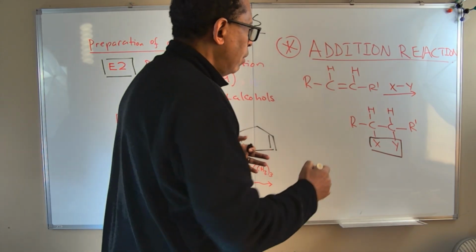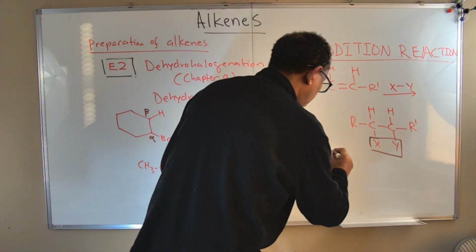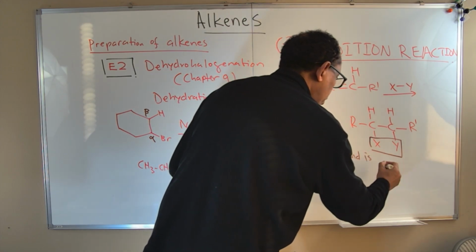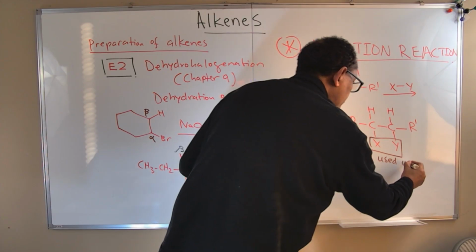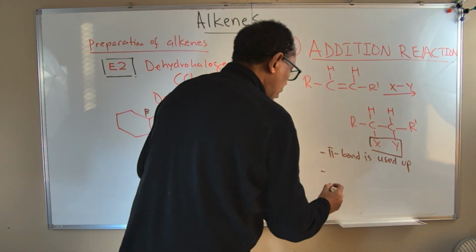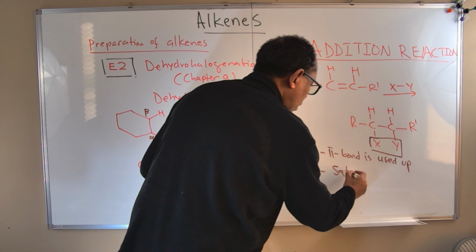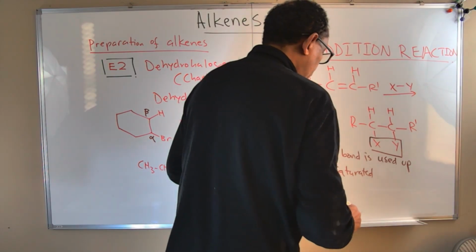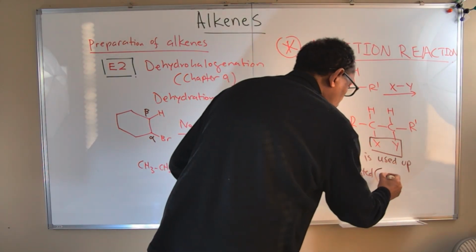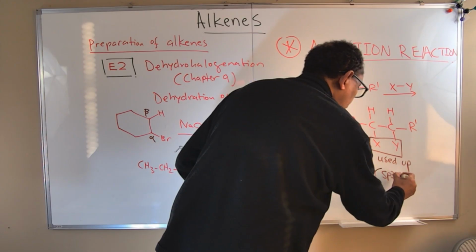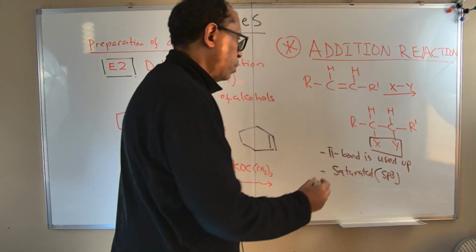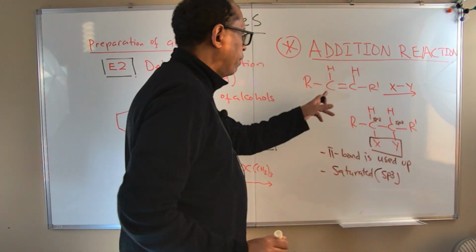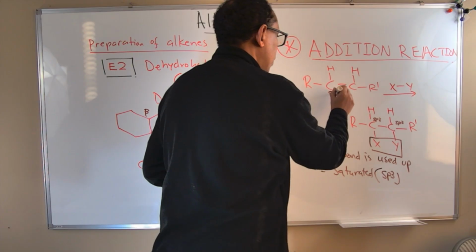As a result, the pi bond is used up and there is no double bond anymore. The carbons become sp3 hybridized after addition of XY, but they were sp2 before.